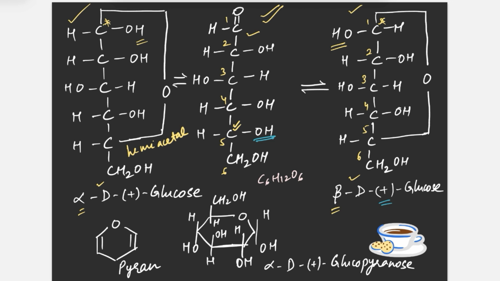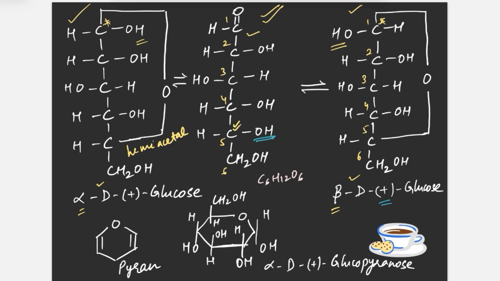Since glucose molecule has a chiral center, it will show optical isomerism. So this plus sign indicates dextrorotatory and minus sign indicates levorotatory.